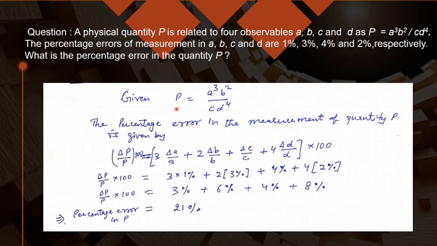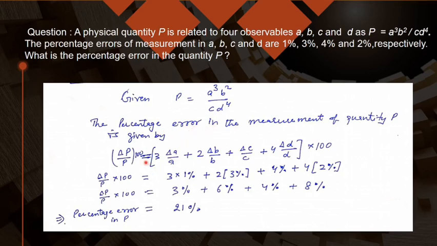So I can write the relative error delta P upon P. That is given by 3 times delta A upon A plus 2 times delta B upon B plus, since there is no power on C, no need to write any power, simply delta C upon C. And the power of D is 4, so 4 will come in multiplication, that is 4 delta D upon D. Now, because they are asking for the percentage error, I know the percentage error is taken by multiplying the relative error by 100.